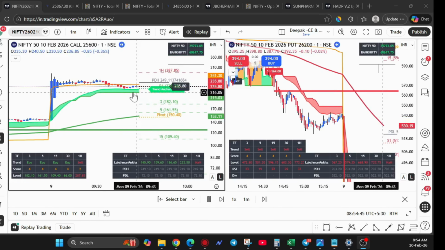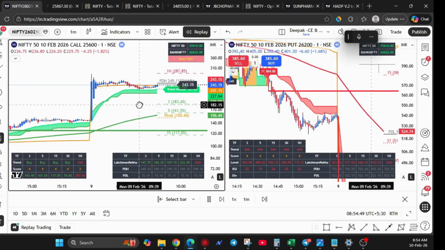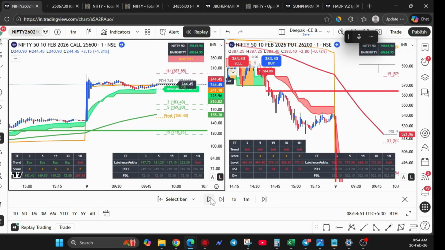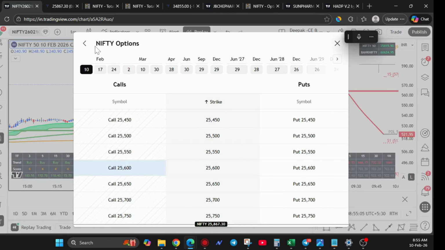The trend anchor is very close to the band. We have not got any signals. Nifty has come to 25,815, that means 300 points below. We will quickly shift to 25,500, or even if you want, you can keep it like that.